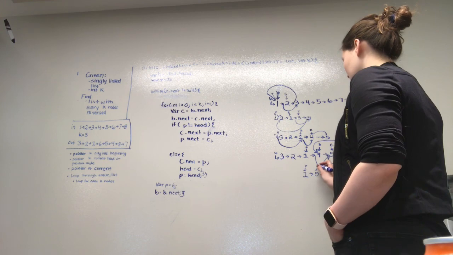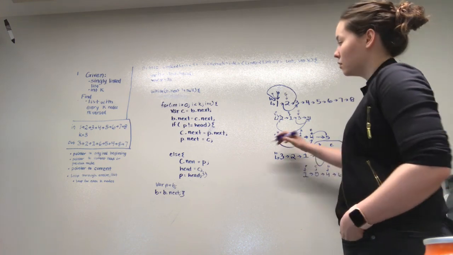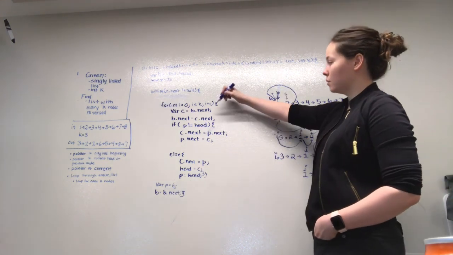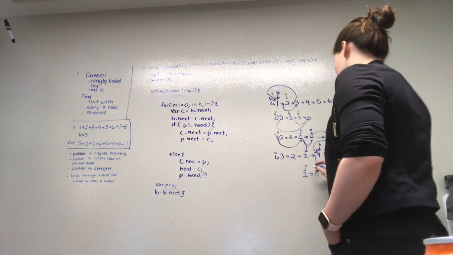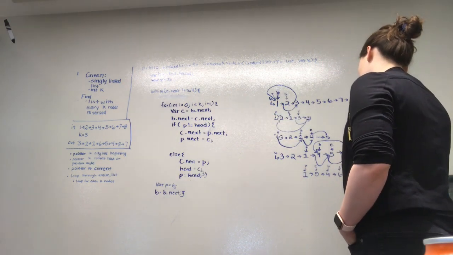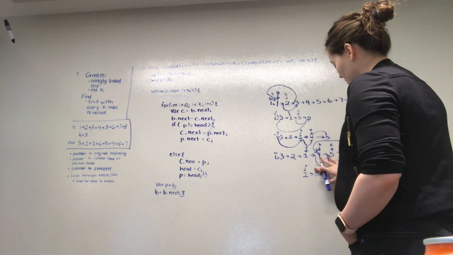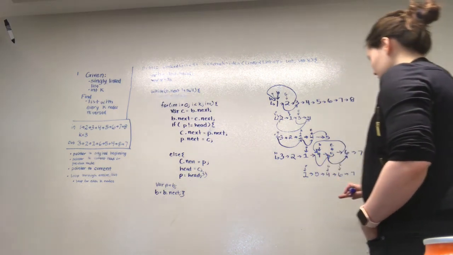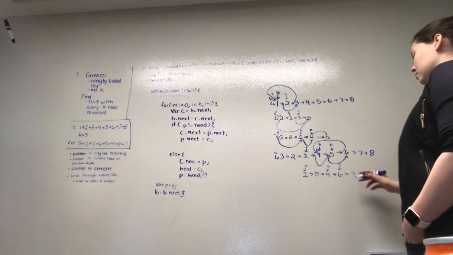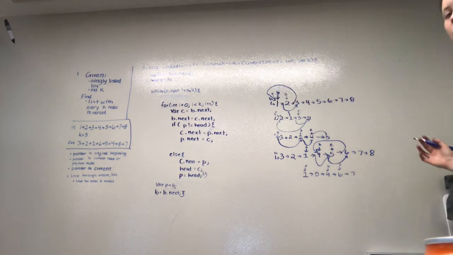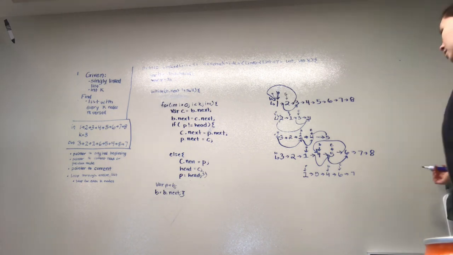Right now C is at 5, and then when we loop through again, we will see that C is equal to B dot next. So here's C. And then we just continue until we reach the end of our list.